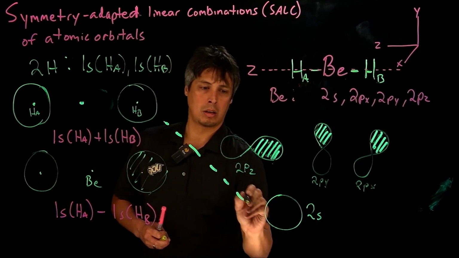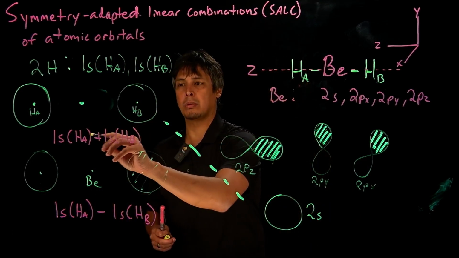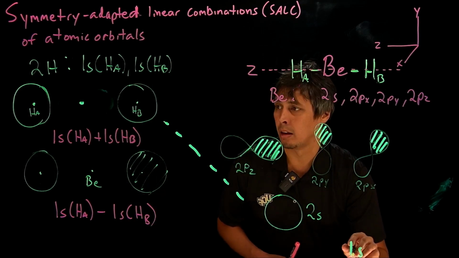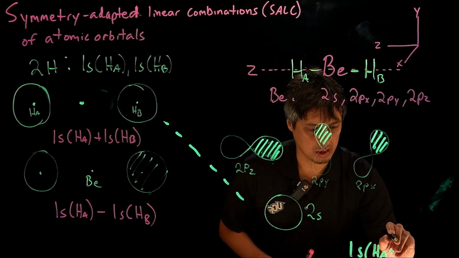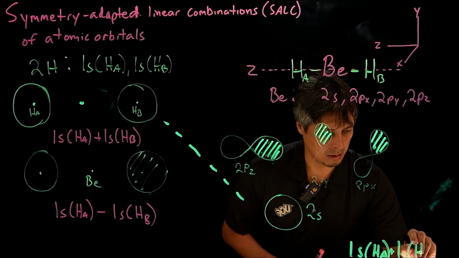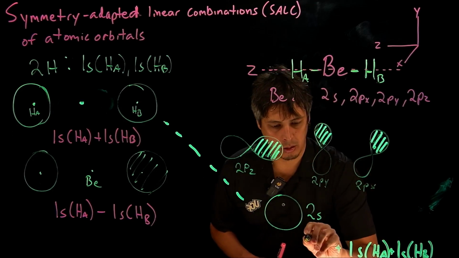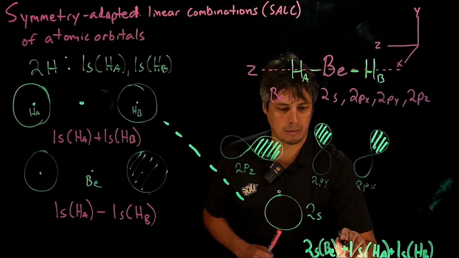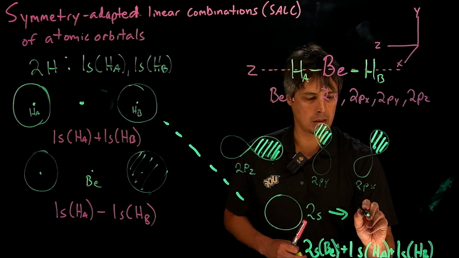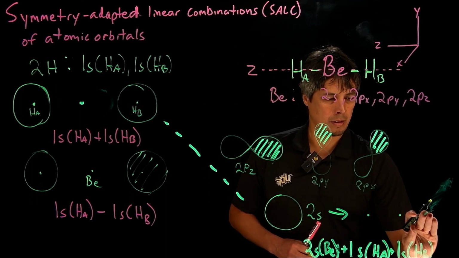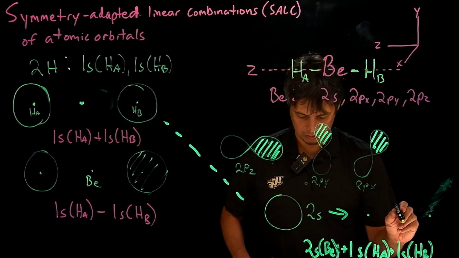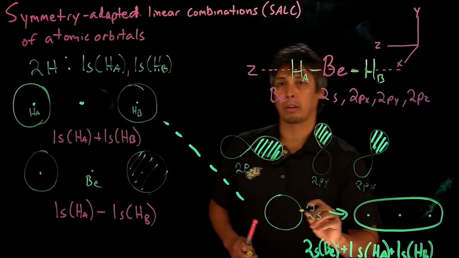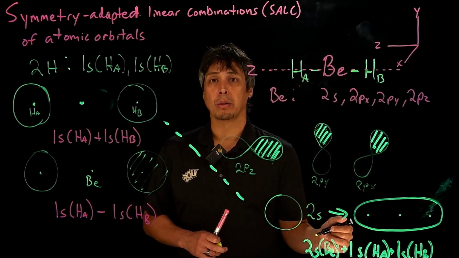And so if we take 1sHA plus 1sHB plus the 2s of beryllium, what we end up with, with these as our nuclei, is an MO with overlapping electron density between all three nuclei, okay?